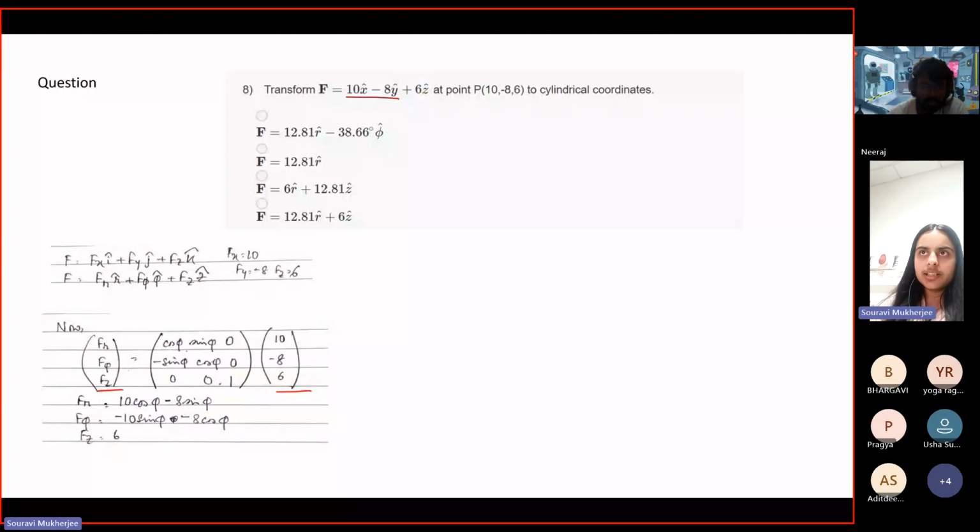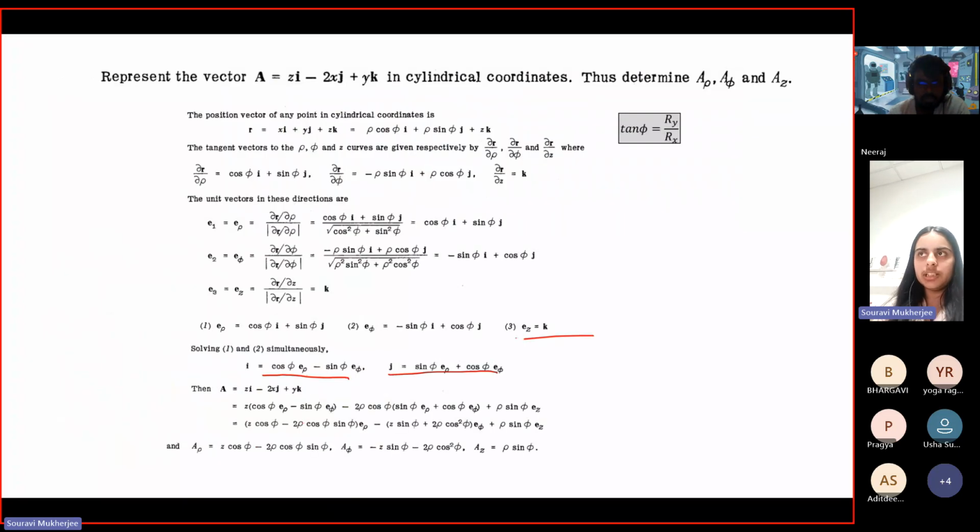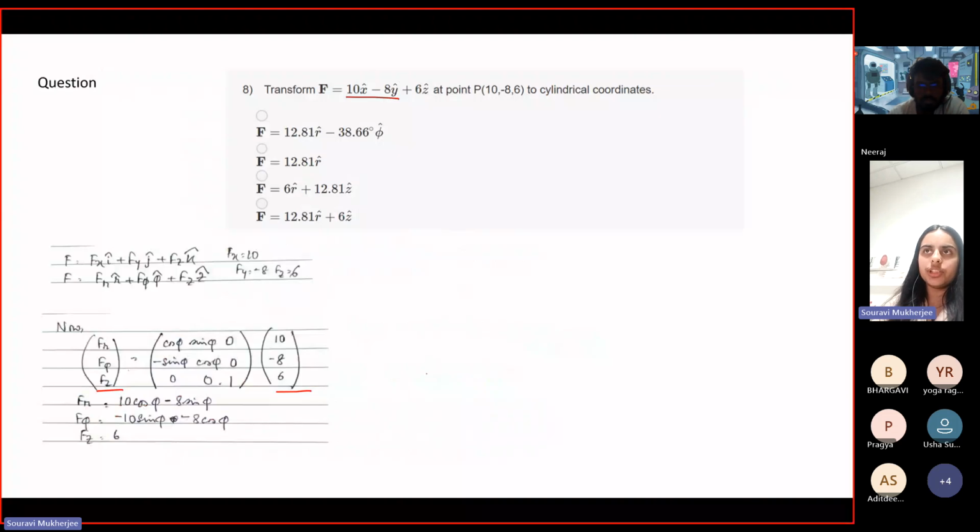How do you get this? cos phi, sin phi, 0; minus sin phi, cos phi, 0; 0, 0, 1. This is the same as this: cos phi, minus sin phi, and z remains constant, so there is no change. Then you have sin phi, again cos phi. That has just been put in matrix form. This is your transformation matrix for going from rectangular coordinates to cylindrical coordinates.